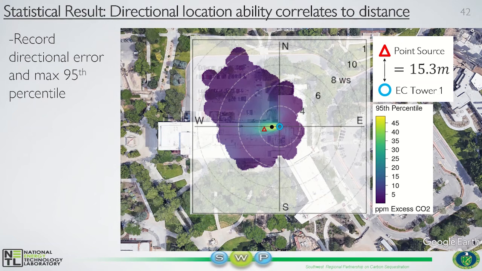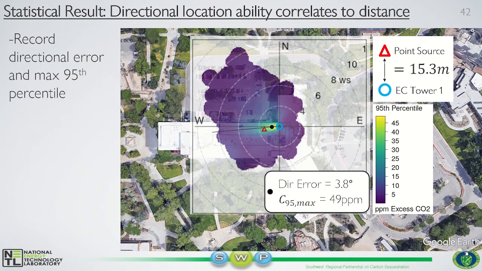From this, we can extract the wind speed and direction, as well as the maximum 95th percentile value recorded in the statistical plot. We can therefore see the directional error, or how far off we are, as well as this proxy for estimating source size or distance in this C95 max value, or the maximum 95th percentile concentration recorded in the plot.